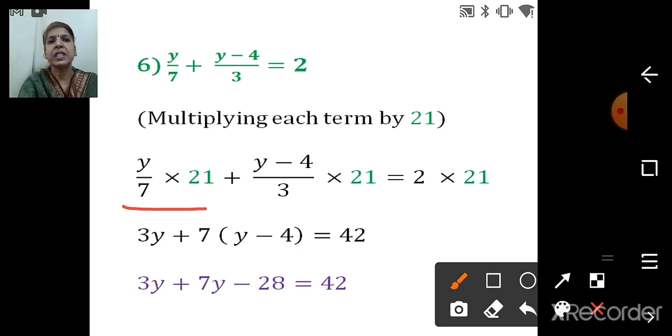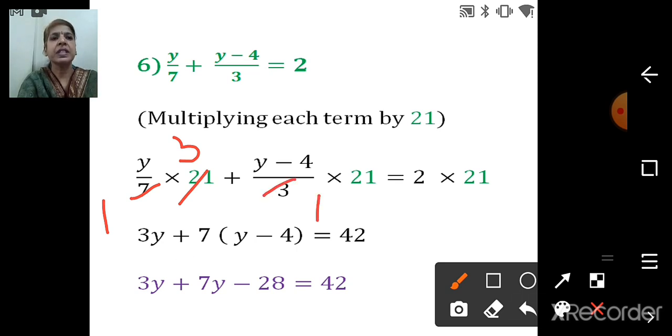So y upon 7 into 21, y minus 4 upon 3 into 21 is equal to 2 into 21. Now we will solve it. 7 1s are 7, 3s are 21, so 3y. We have got 3y. Then next it is given plus, so write plus.